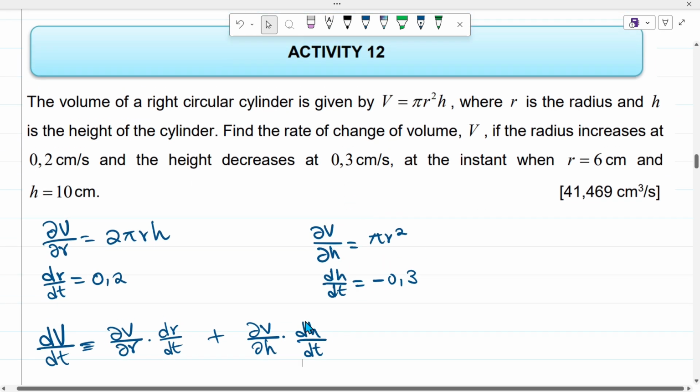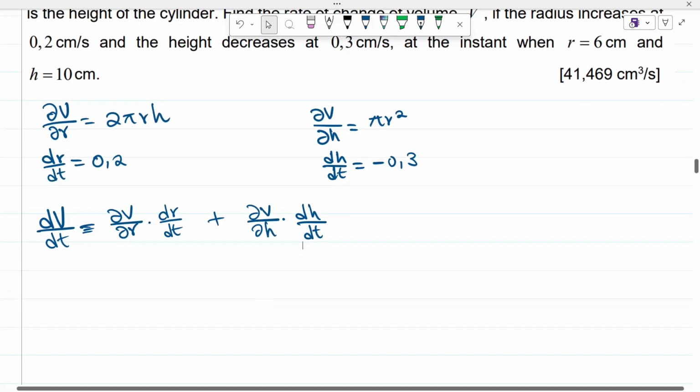And then we substitute from here. We're going to substitute all of these things.